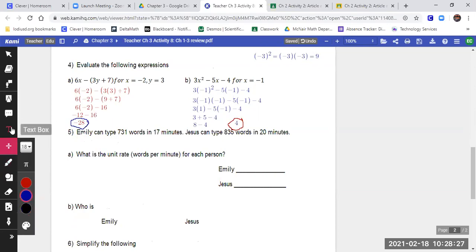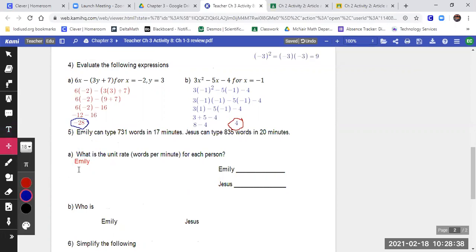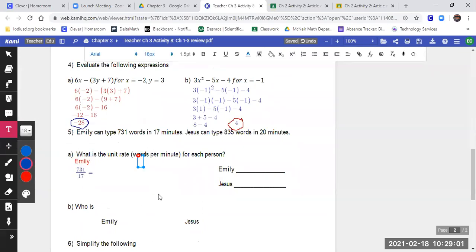Okay, so we have to take Emily first. Let's do Emily. To find Emily's unit rate, we're going to take her 731 words and divide it by 17 minutes, because that's how long it took her to do that. So use your calculator. If I take 731 and divide it by 17, what do I get?